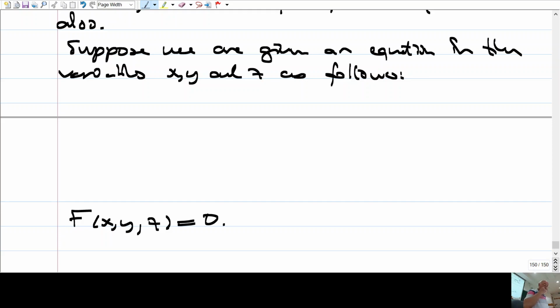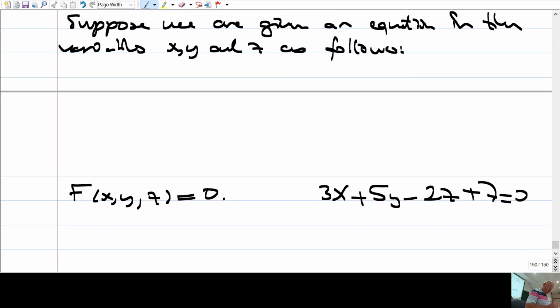What would you expect? You know, a special case, suppose something like this you have 3x plus 5y minus 2z plus 7 equals 0. So if it was like this, then we would solve any of the variables in terms of the other ones. For example, we could just write this, right?